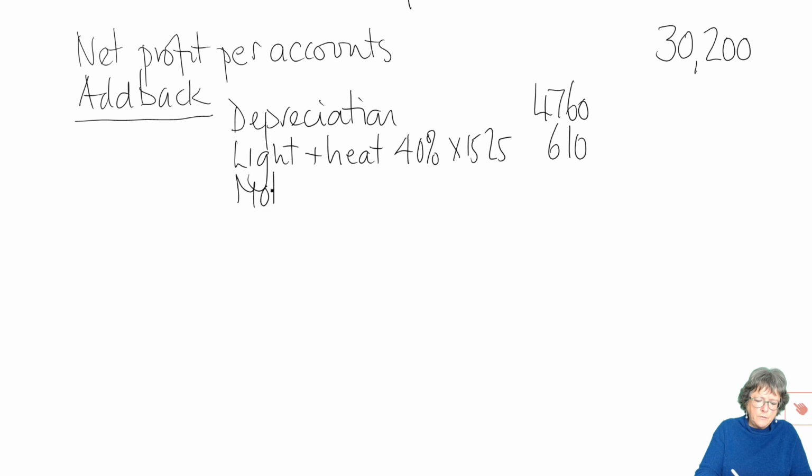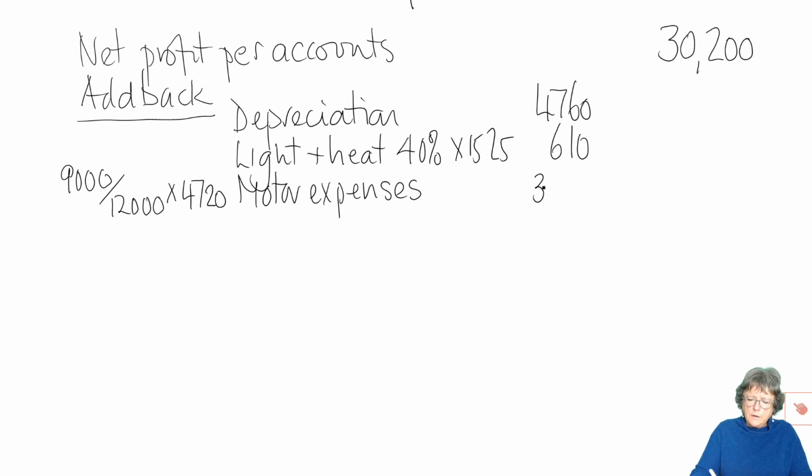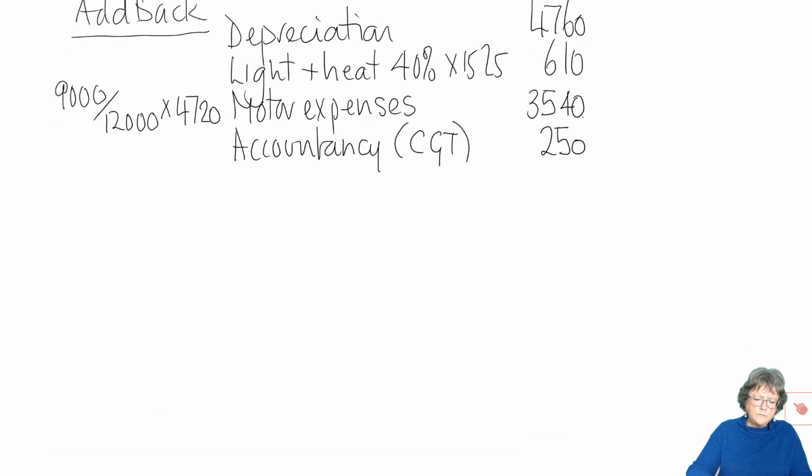Motor expenses. Do you remember the calculation? It was 9,000 divided by 12,000 times 4,720. And that works out to be 3,540. The accountancy we needed for the capital gains tax needs to be added back.